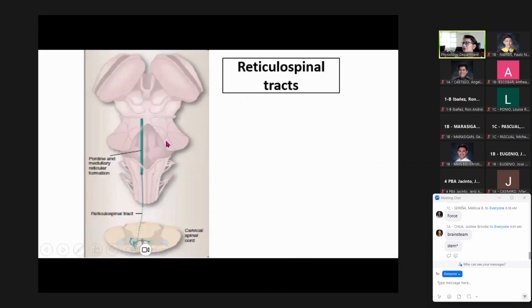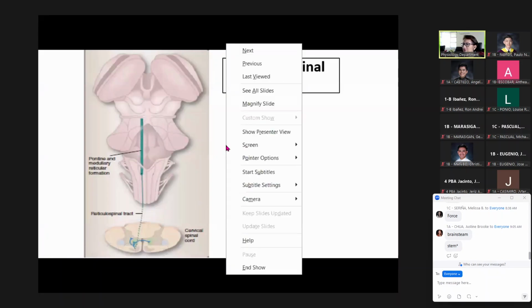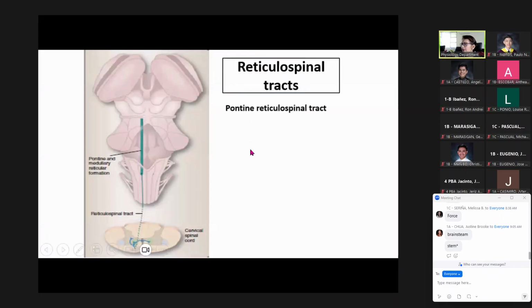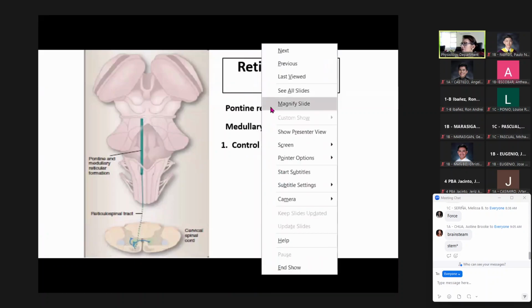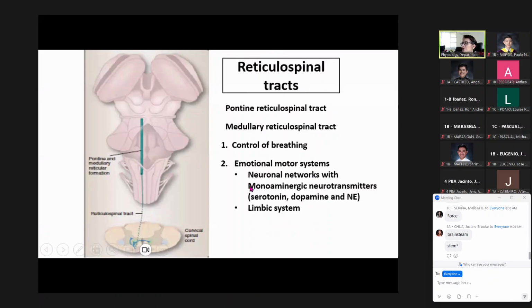Okay, so this is your reticulospinal tract. As the name implies, you have your pontine and your medullary reticular formation. This is the length of the reticular formation. It is believed that it has something to do also with the control of breathing and the emotional motor system.